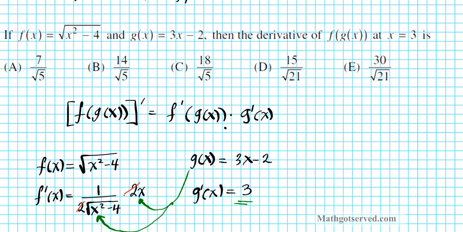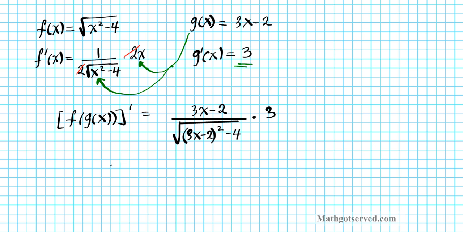We are asked to find the derivative at x equals 3, so we'll simply plug 3 into this function here. So f of g of 3 prime just involves plugging in 3. Now, we don't have to do any cosmetics here. We're evaluating, so just leave it like this. Don't simplify or waste your time doing anything like that.